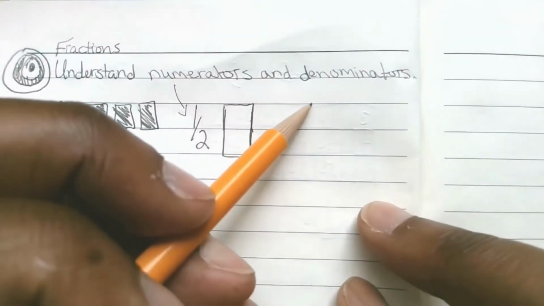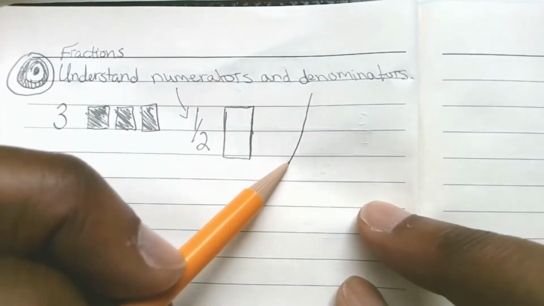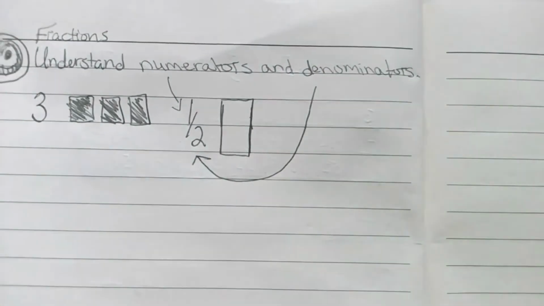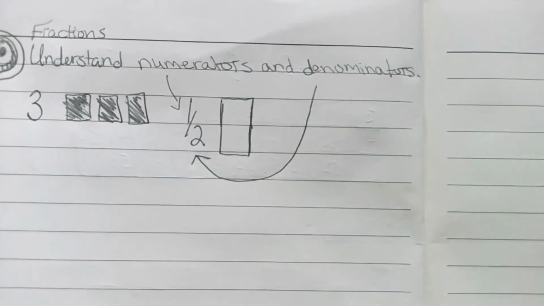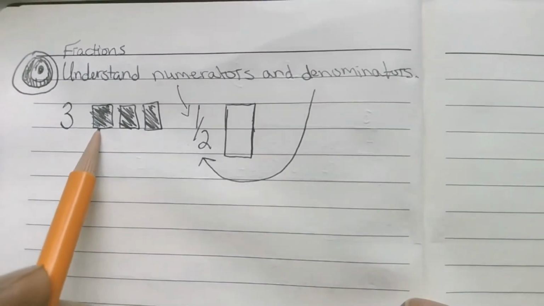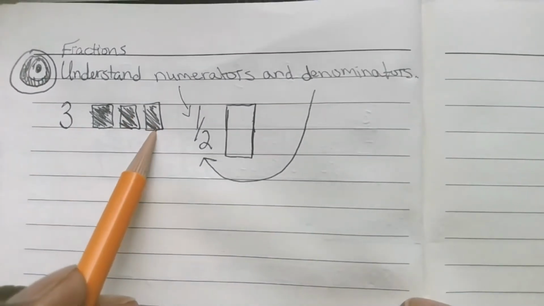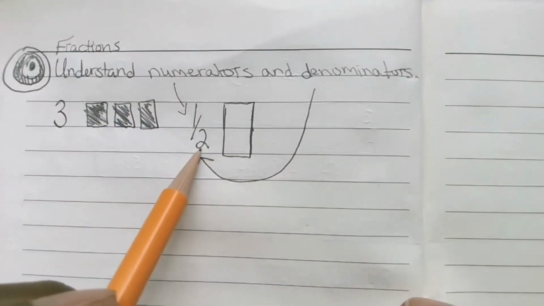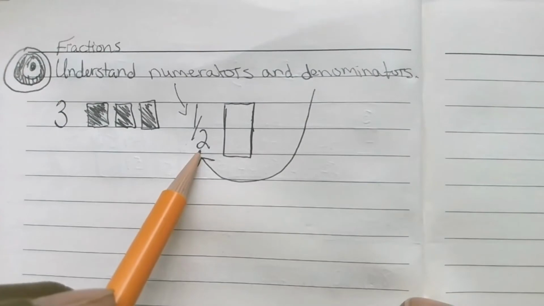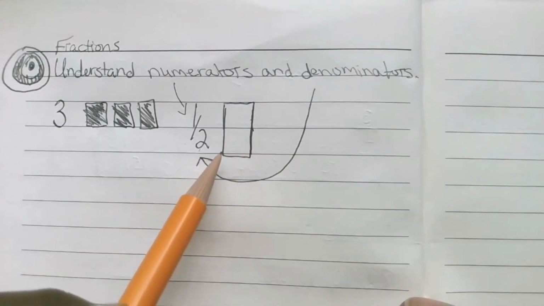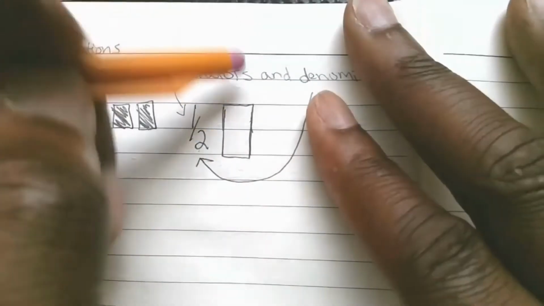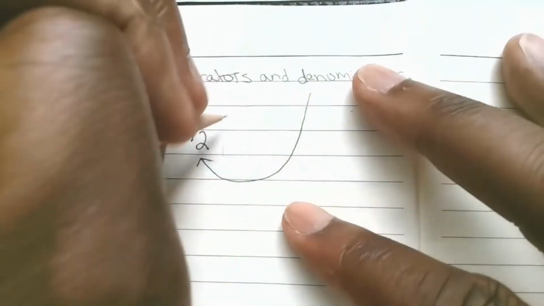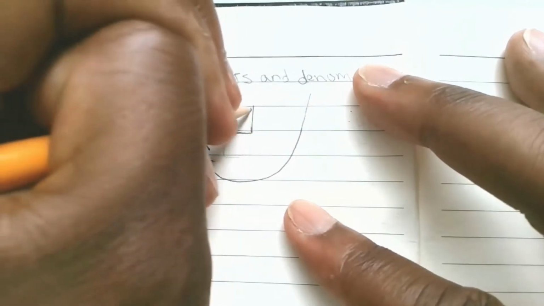Now the denominator is this bottom number, and it shows the equal number of parts of a whole. So here we know that this was 1 whole, this was 2 wholes, this was 3 wholes. Now when it's a fraction, this is saying that it has 2 equal parts. I'm going to change it here so we don't get confused by the size.